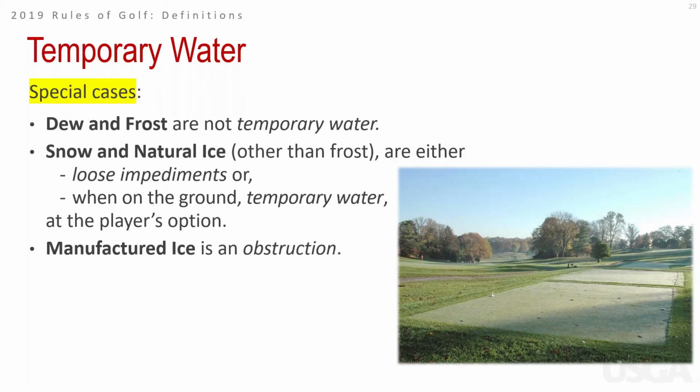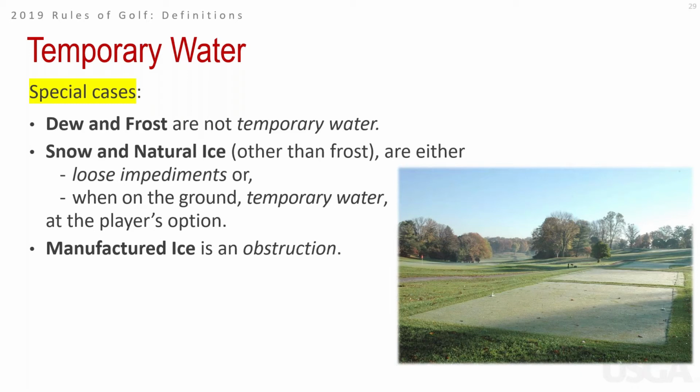There are some special cases though, as I think we've talked about in previous webinars. Dew and frost are not temporary water, and snow or ice, other than frost, are either at the player's discretion, loose impediments, or when on the ground, temporary water at the player's option.